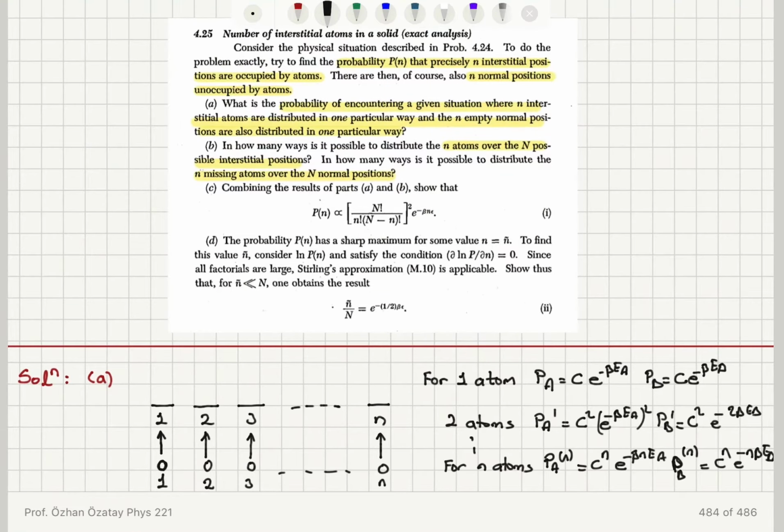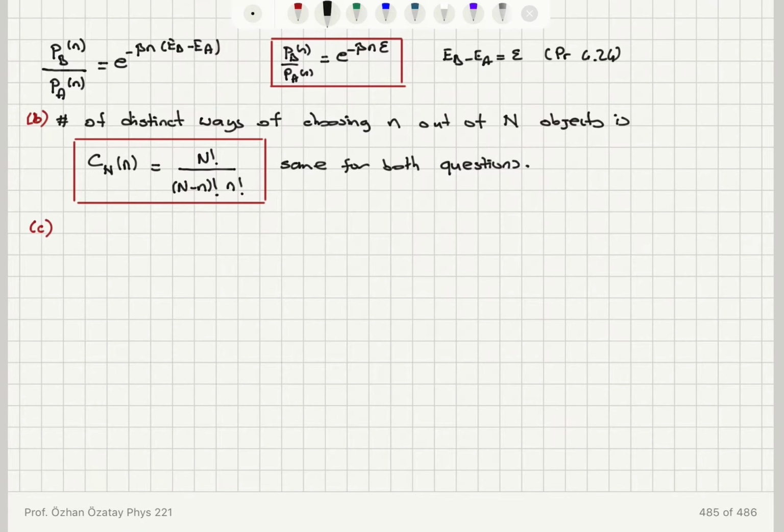Part C. Combining the results of parts A and B, show that the probability of having precisely n interstitial positions occupied is given by this expression. Now, how many different ways of having n out of capital N interstitial positions and n out of capital N normal positions?